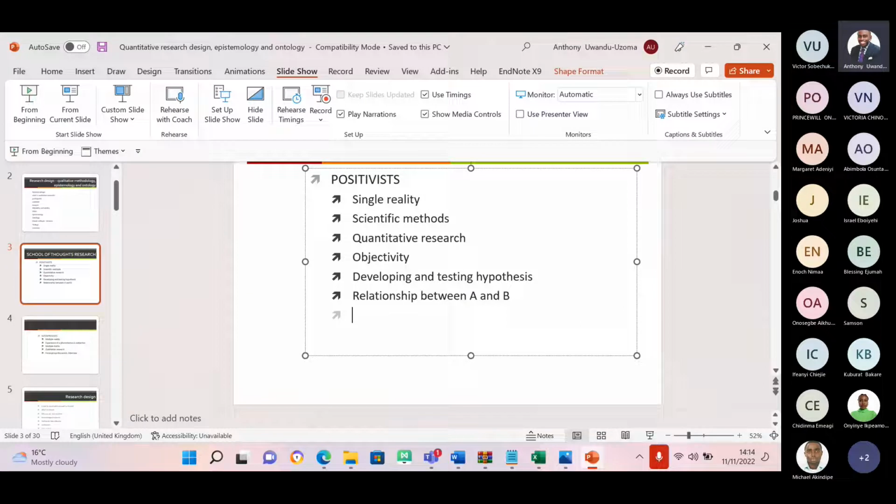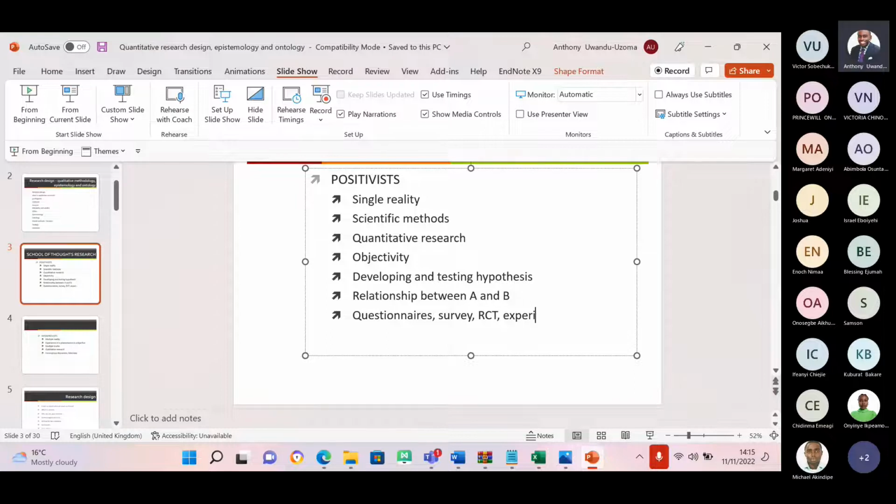They use questionnaires and surveys. This is also where you will have your randomized control trials. They believe in experiments.